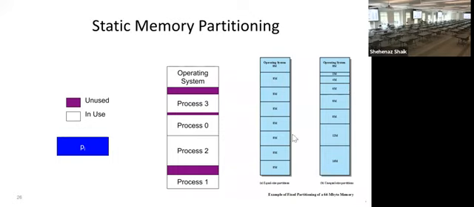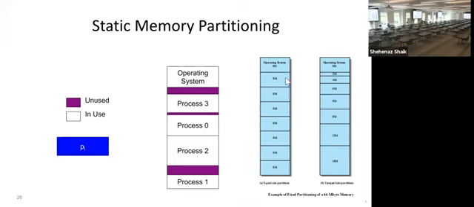One, we can have all the partitions be of the same size, or if we know what kind of processes will be executed on this system, we can pre-partition based on those expected process sizes. As you can see here, we have partitions of different sizes, and here we have partitions of equal sizes.